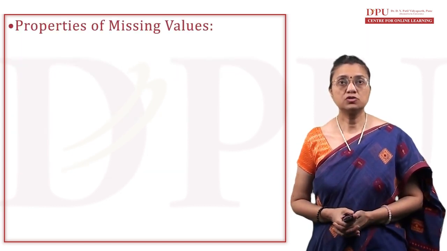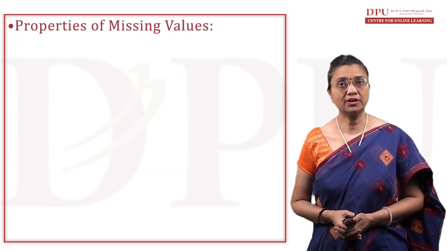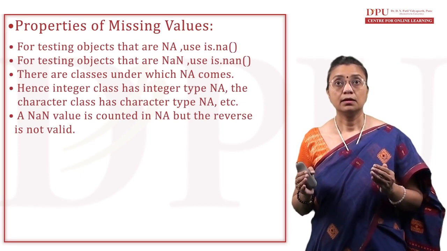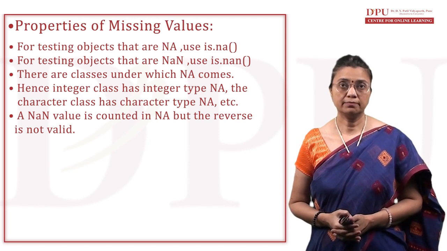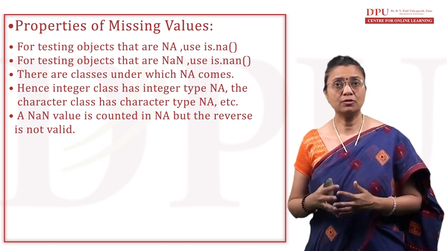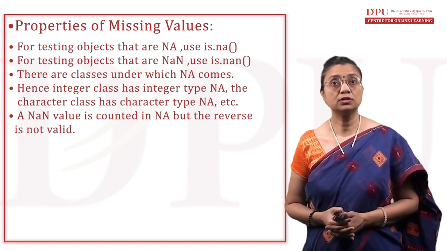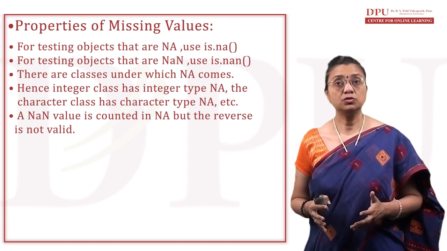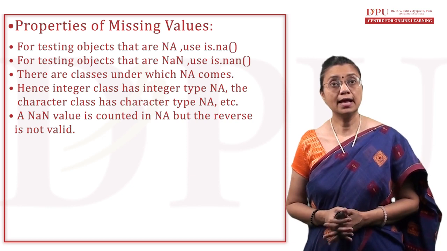Now let's talk about some properties of missing values. For testing objects that are NA, use the function is.na. So if a value is not available, we use is.na. For testing objects that are NaN, we use the function is.nan.